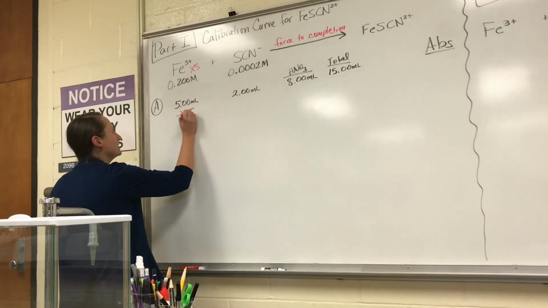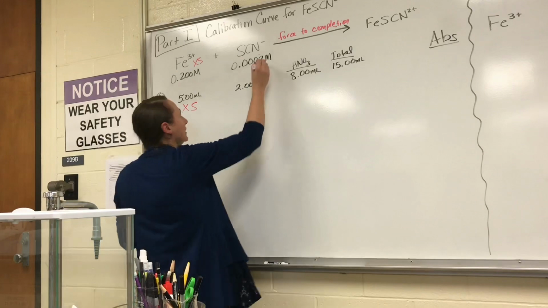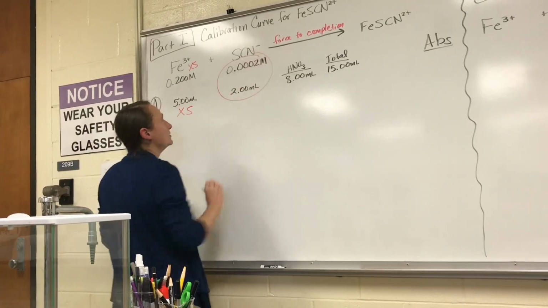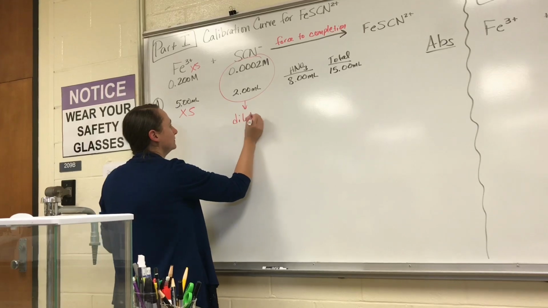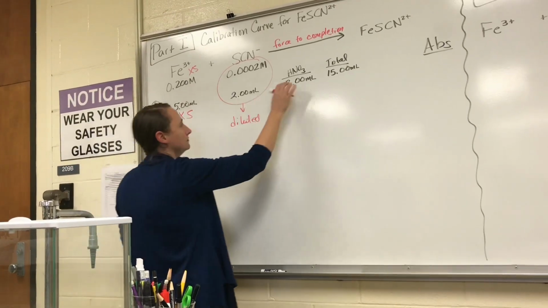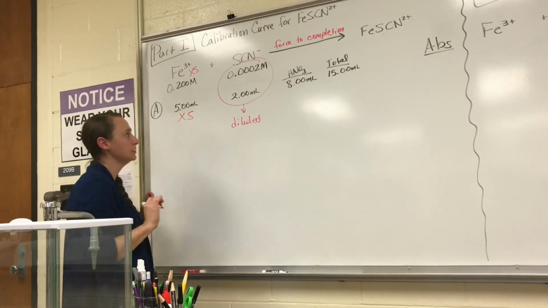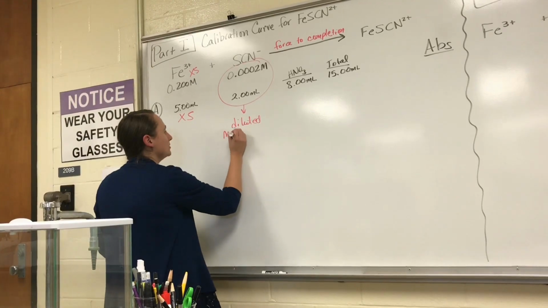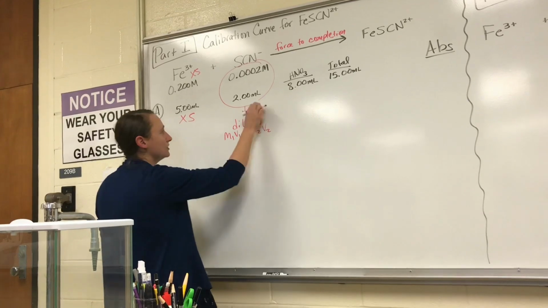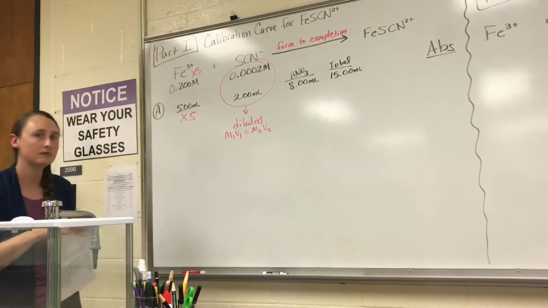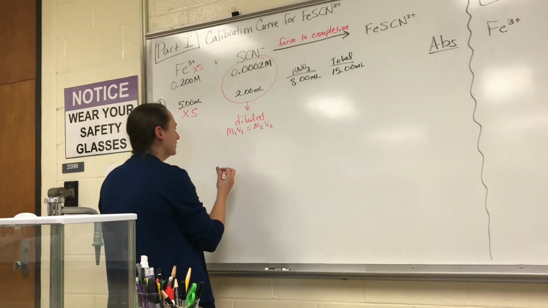This is an excess, so that doesn't matter. These two concentrations have been diluted because you added them in with a bunch of other solutions. So you need to use M1V1 equals M2V2 to determine the concentration of what we will call the limiting reagent.